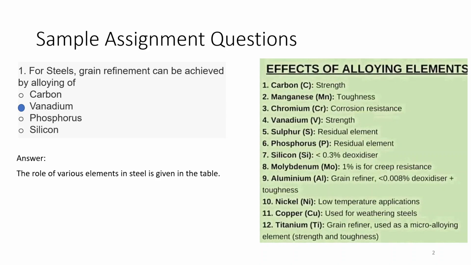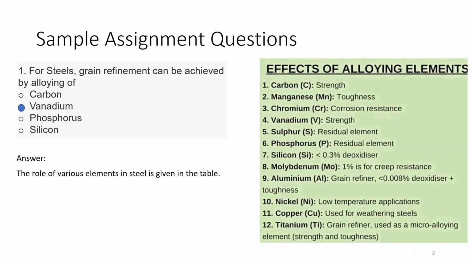Okay, and silicon acts as a deoxidizer. So for removing excess oxygen, silicon is used, and molybdenum is used for improving creep resistance, and it is used only up to 1%.